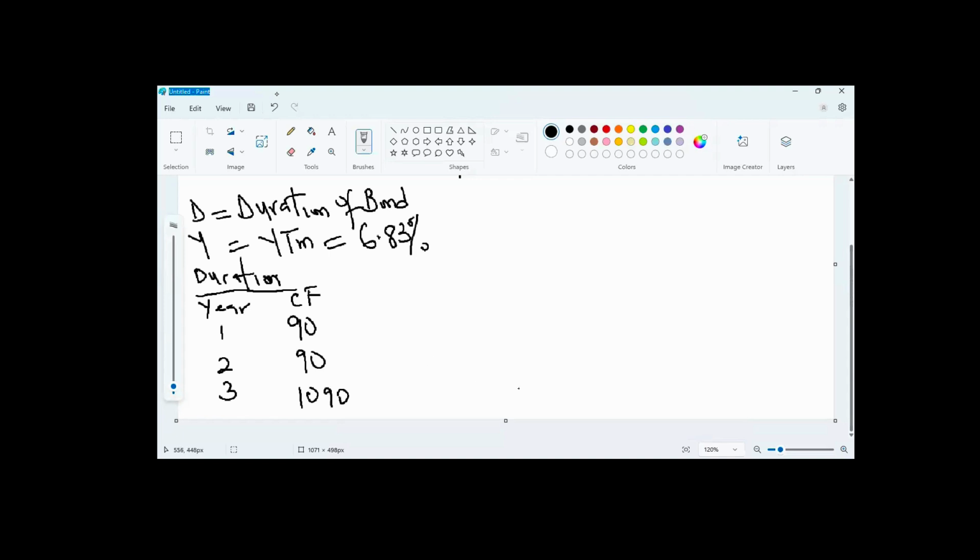Then this cash flow, discount with the YTM. Discount factor is equal to 6.83%, the YTM. Find the discount factor for year 1, year 2, year 3.